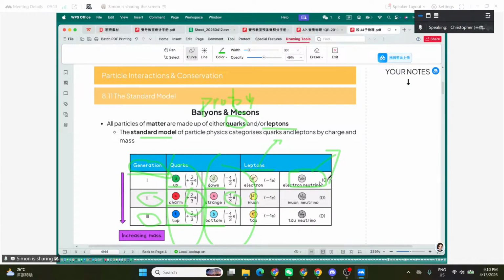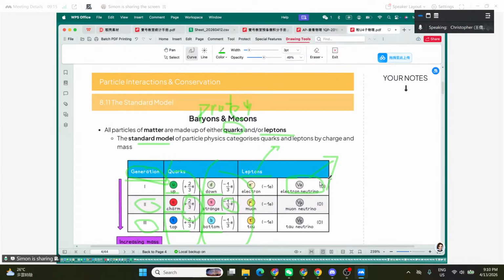To summarize, the lepton is a basic unit like the electron, with negative one charge. If a reaction produces one lepton, it also produces the corresponding neutrino.